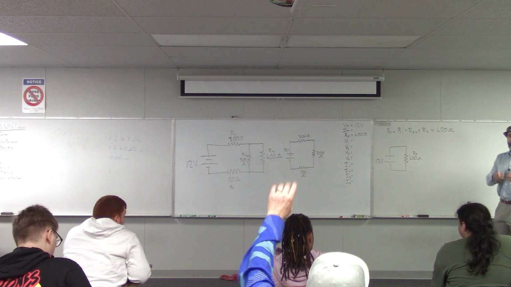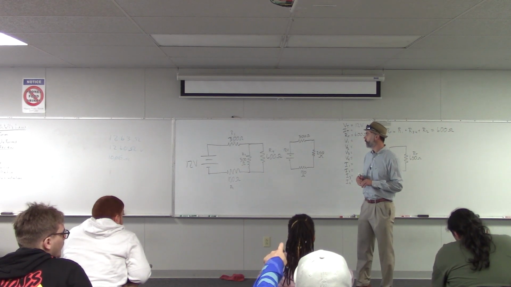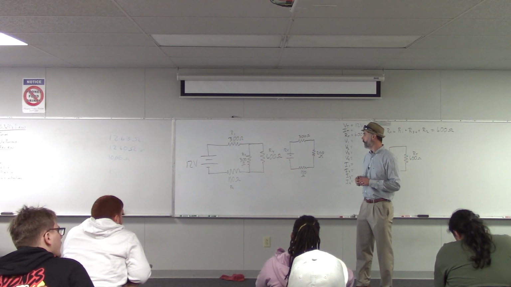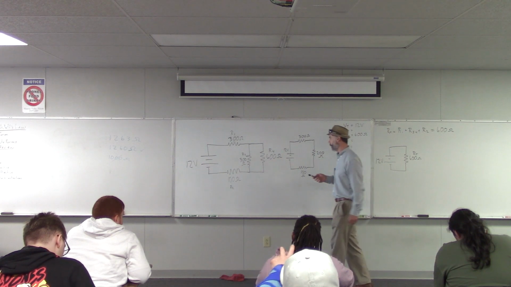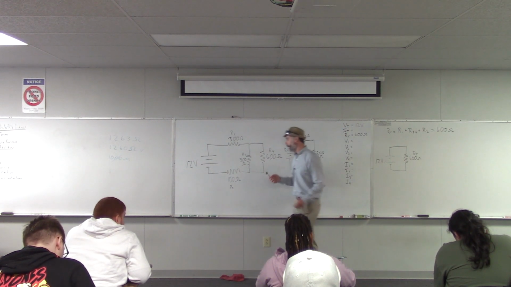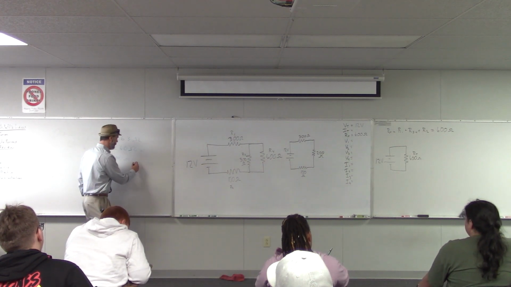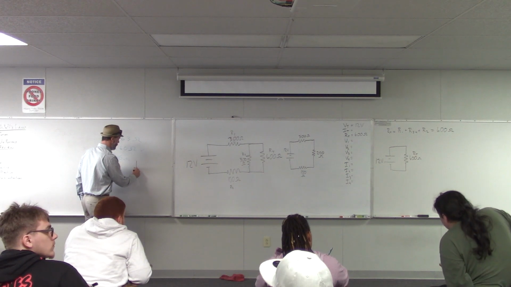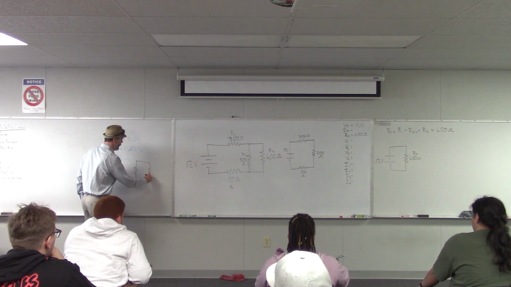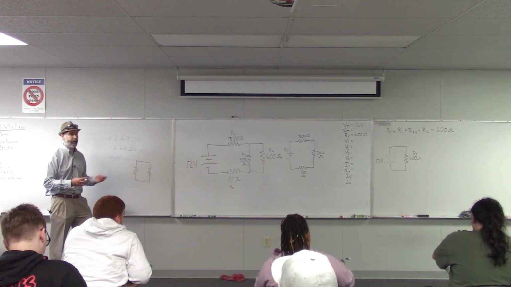Was it just a coincidence that we did all that math for the 300 and 600 to get down to 200, because if we divide 600 by 3, it's 200? Well, remember we did R2 and R4? If you have resistors that are all the same value and they're all in parallel, then you can take one of those resistance values and just divide it by the number of resistors to find the total.